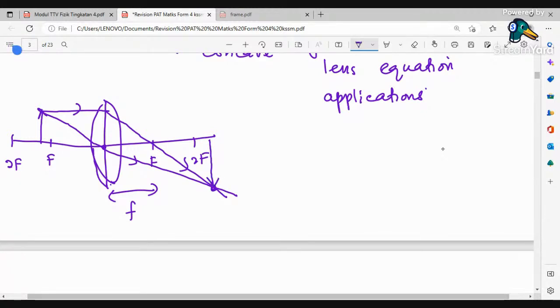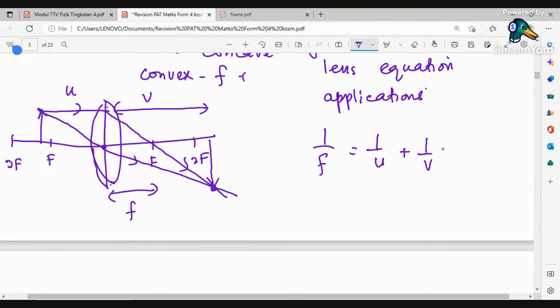Okay. So object distance from center ini ialah U, image distance from center ini V. So kalau you ada lens equation, 1 over F equals 1 over U plus 1 over V. But remember for convex, F dia positive. Means bila you ganti dalam ni kena letak sign dia ikut type of lenses lah. Concave, F dia mesti letak sign negative.